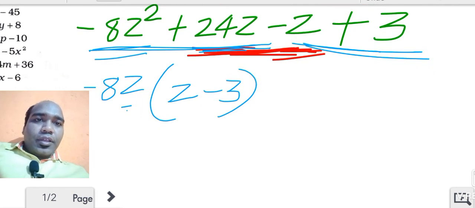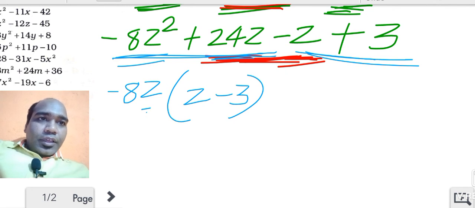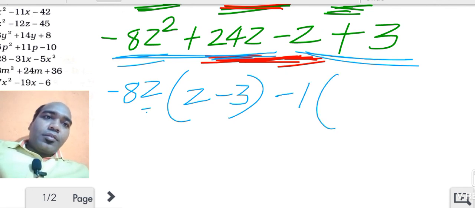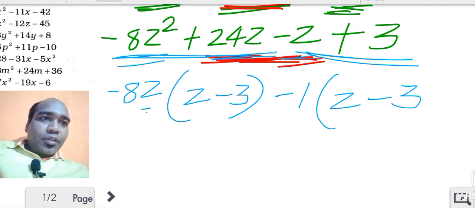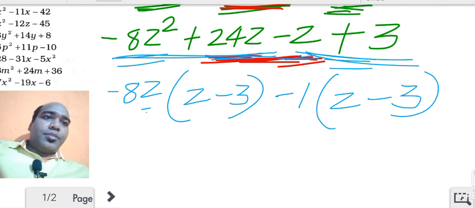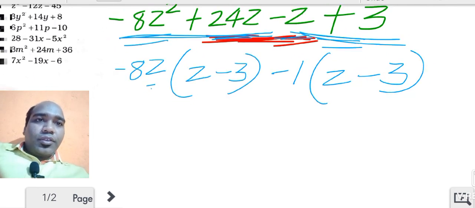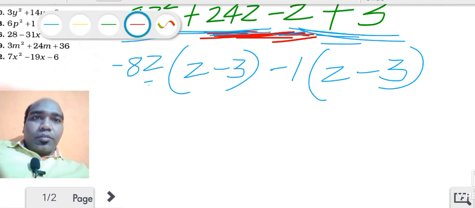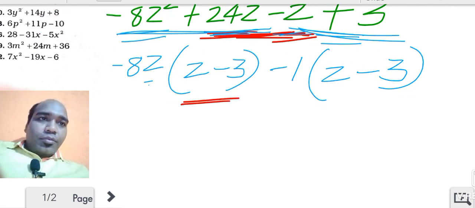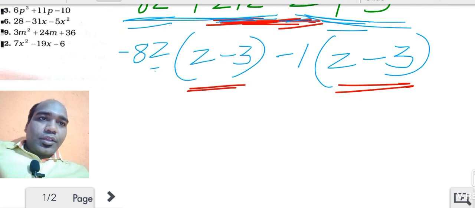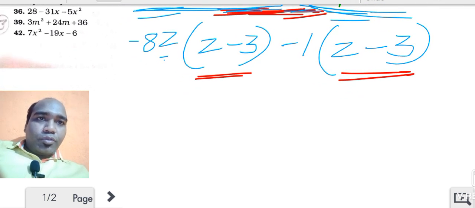Got it? Now here what do we have to take? Here we can take minus 1 common, then minus 1 into z will give minus z, and minus 1 into minus 3 will give plus 3. Okay, now you can see here z minus 3 and again z minus 3 we are getting common in both the terms.